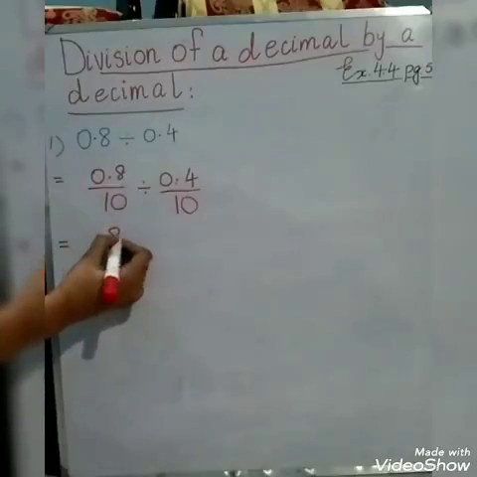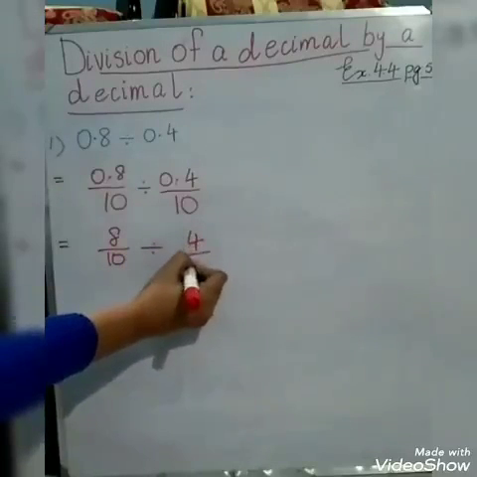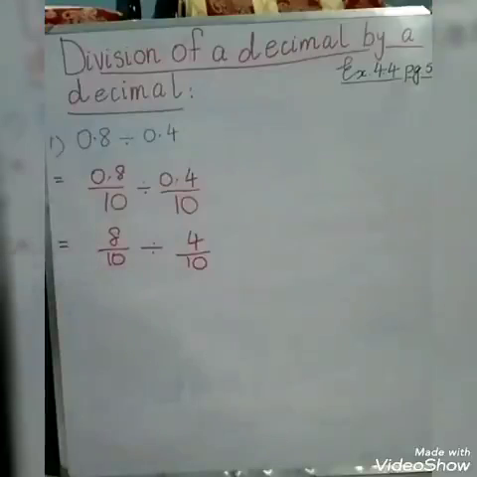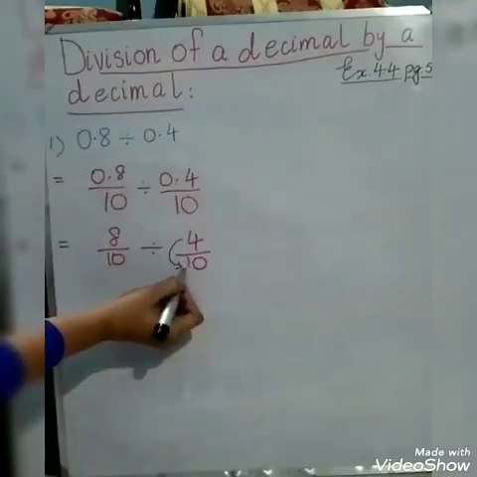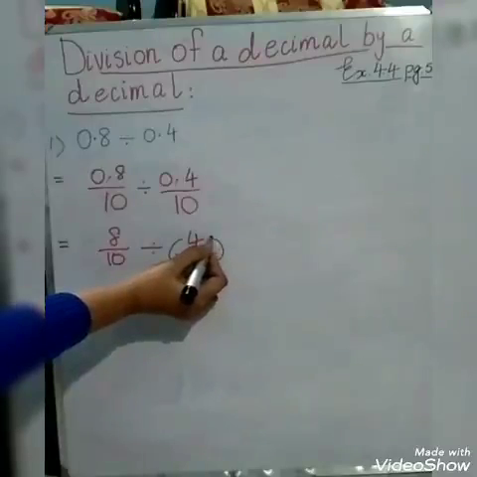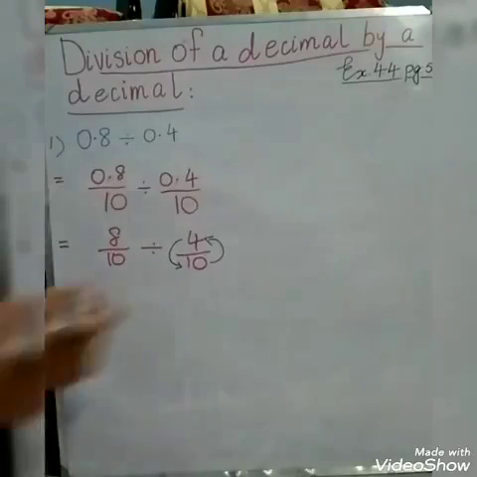So this makes our fraction as 8/10 divided by 4/10. Now, if you remember, we have done a full exercise of reciprocal, and what do we do in the reciprocal? Of the second fraction, the numerator becomes the denominator and the denominator becomes the numerator, and your division sign changes into the sign of multiplication.